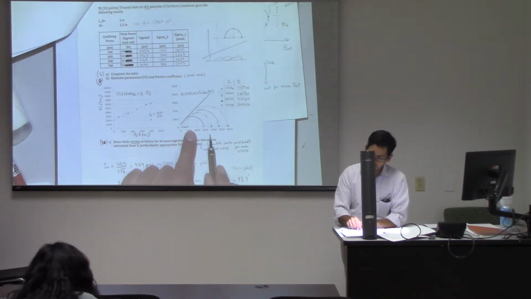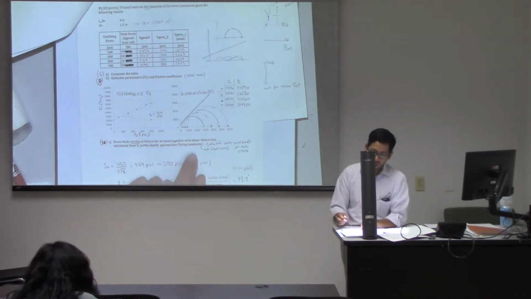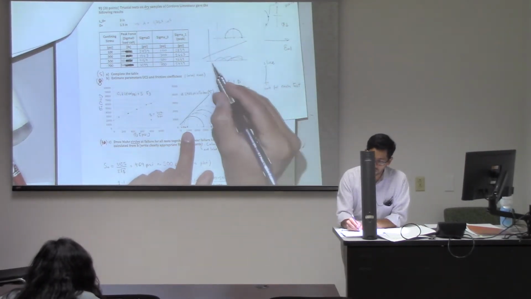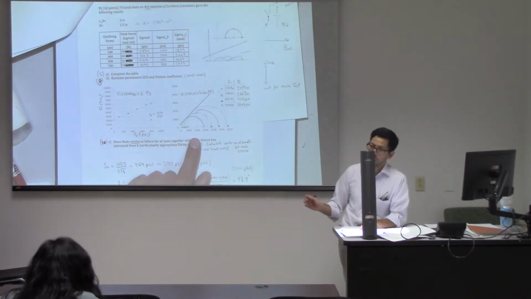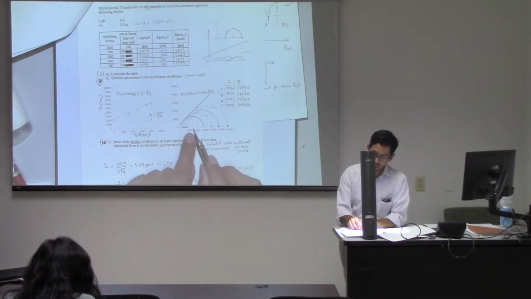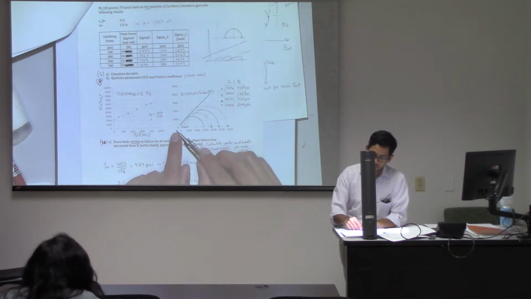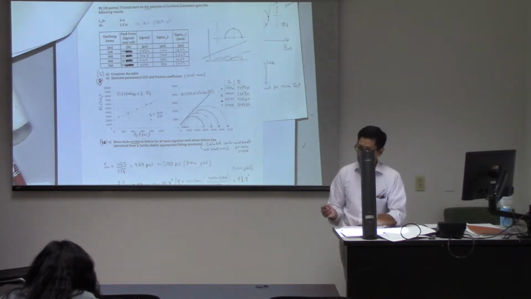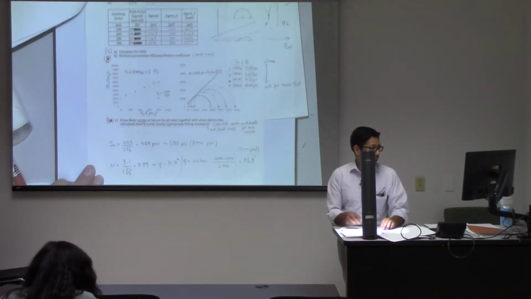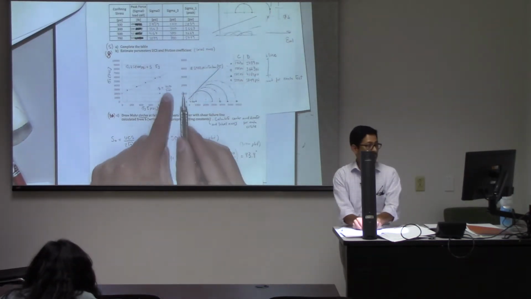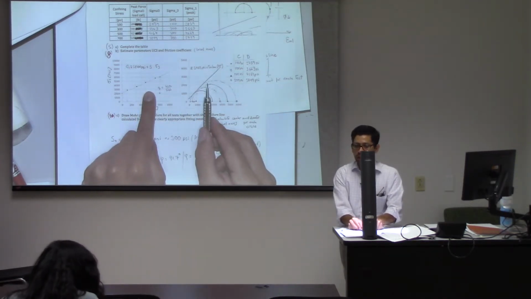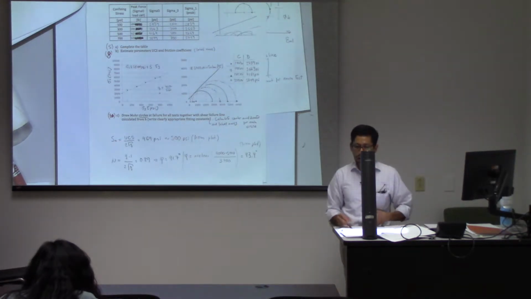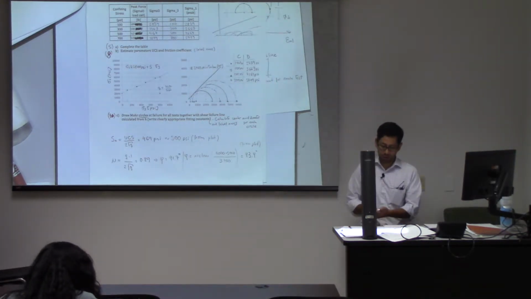So try to draw nice Mohr circles. Because if you don't draw a nice Mohr circle, you may throw like a failure line over there, and that doesn't make sense, okay? So try to draw a nice Mohr circle, and then draw a line that goes through that, and that's everything you have to do for that one. And I'm going to give you these equations, but remember, these two are related. These two is the same thing, exactly the same thing, just drawn in different spaces with different coordinates.